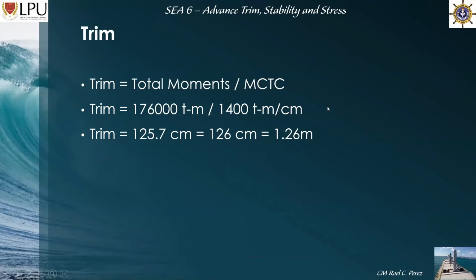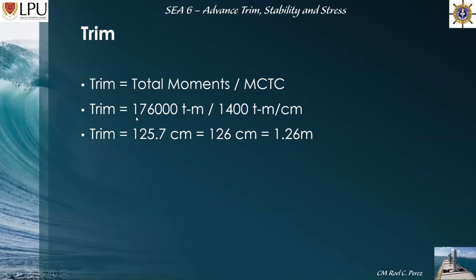It is a good practice to convert it to meters because our trim is in meters. Even if it is centimeters, you still convert it. If it is small, let's say 10 centimeters, then this one is 0.1 meters.